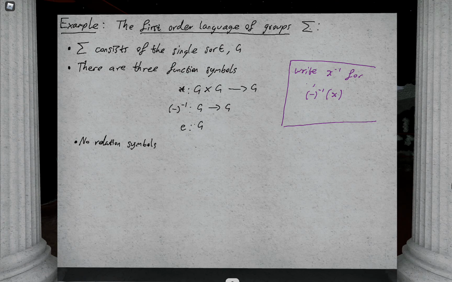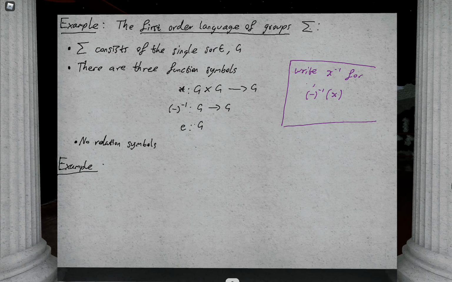Okay. So we're going to define a first order theory over a first order language to just be a set of formulas from that language. And the way that you think about that is it's just the axioms that define the theory. So inside this example, we're going to write down the familiar looking axioms from group theory.